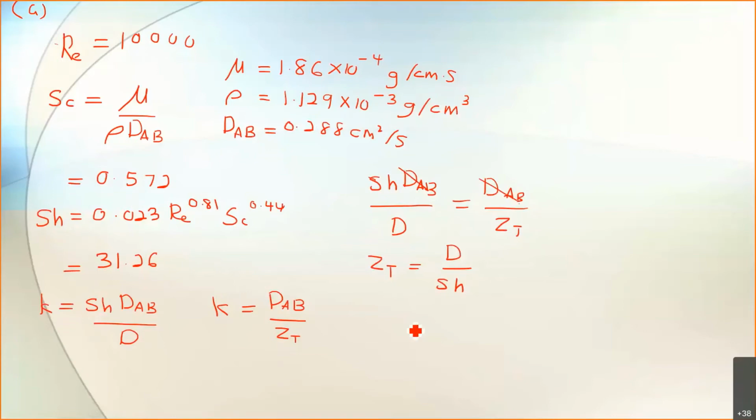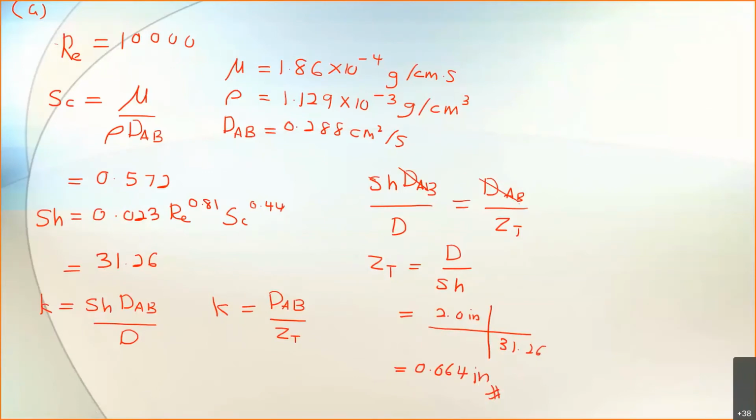When I substitute all the values, the diameter of the wetted wall was given as 2 inch and my Sherwood number is 31.26. So I will get my effective film thickness: ZT is equal to 0.064 inch.